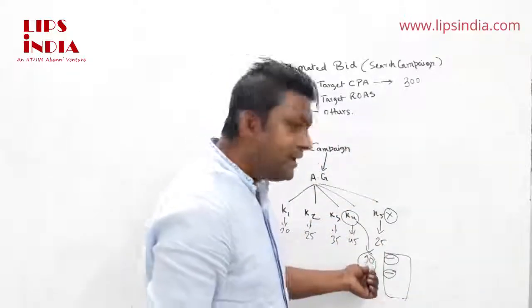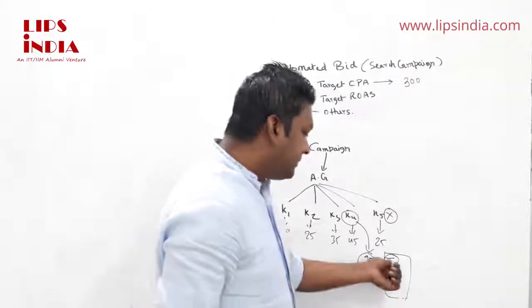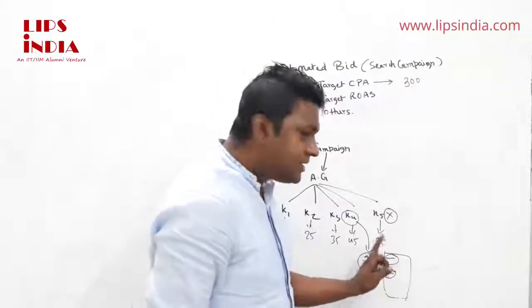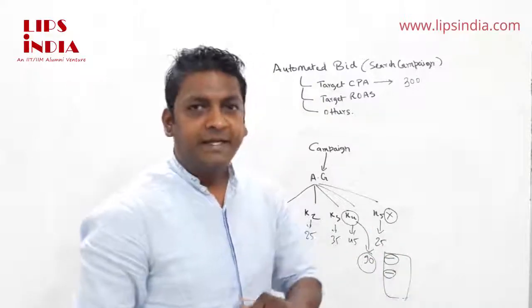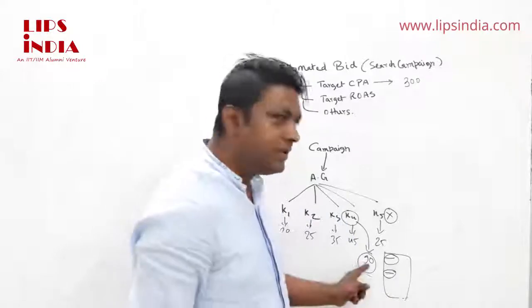So Google will go ahead and increase your bid to 90 at the back end. The ad appears here on the top. A user clicks on your ad, visits a website, does not end up in a conversion. You still end up paying money for the click.